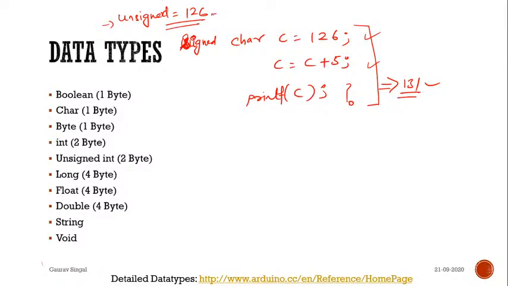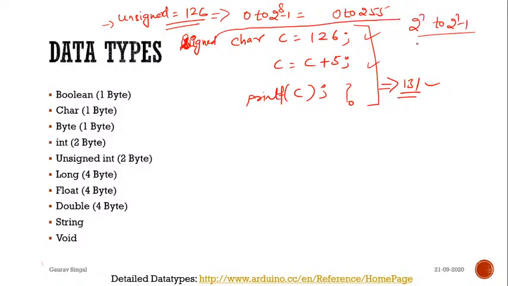Because I told you, unsigned means no sign. So the range is 0 to 2 power 8 minus 1, so 0 to 255. And for signed character, the range is minus 2 power 7 to 2 power 7 minus 1, or you can say divide 256 by 2.